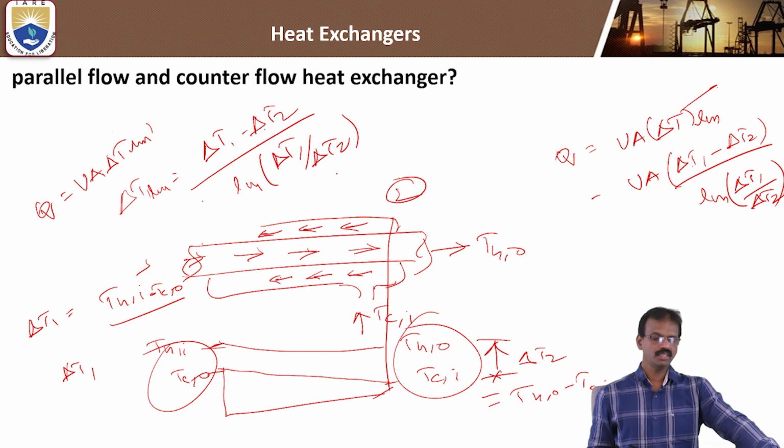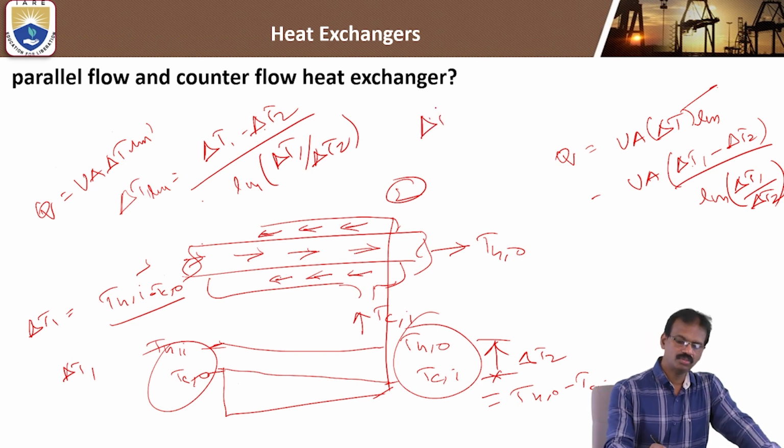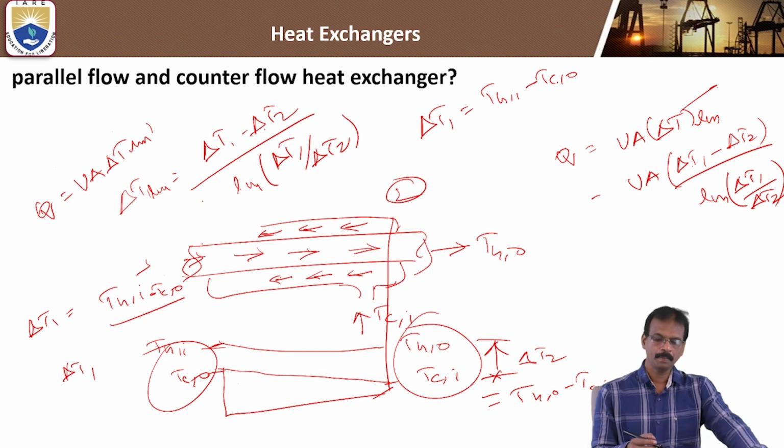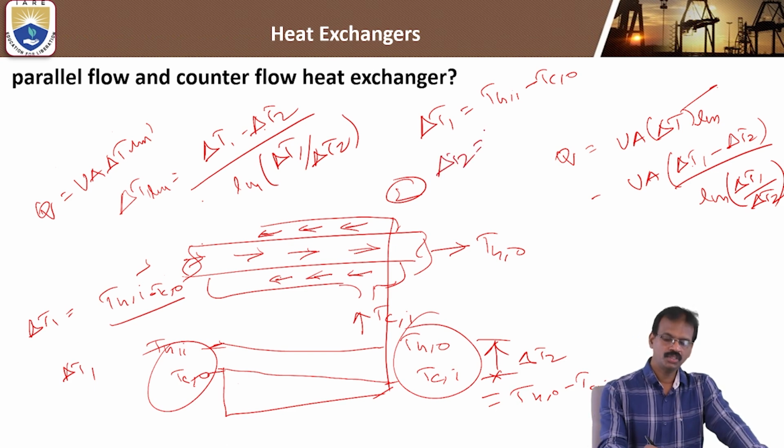But delta T1 is different here. Delta T1 is equal to THI minus TCO. But in parallel flow, THI minus TCI. Delta T2 is equal to THO minus TCI.